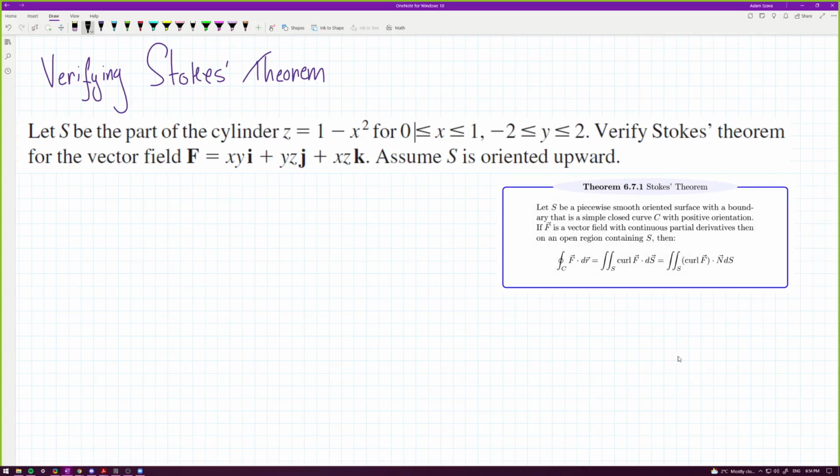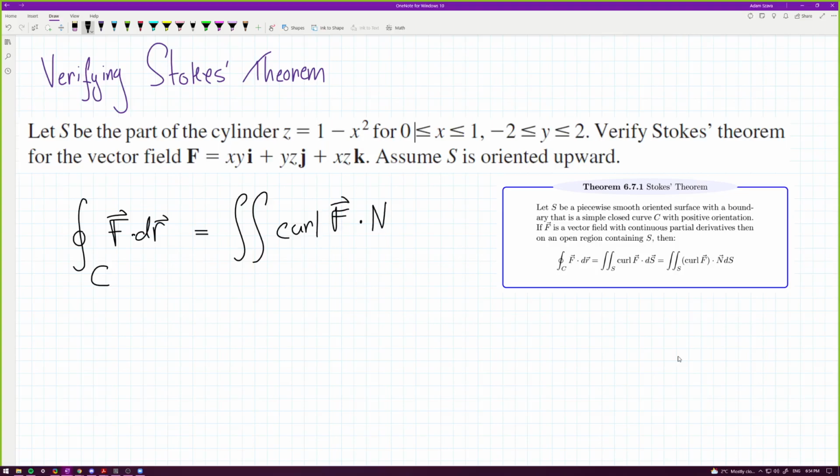What this is saying is that the line integral on the boundary of this surface, F dot dr, is equal to the double integral of the curl of F dotted with the normal vector to the surface, dS. Essentially, the surface integral of the curl dotted with the normal vector across that surface. So that's our S, and then C is that boundary.